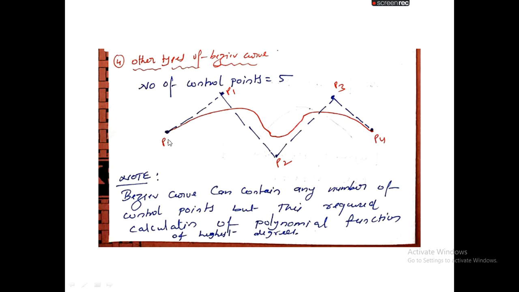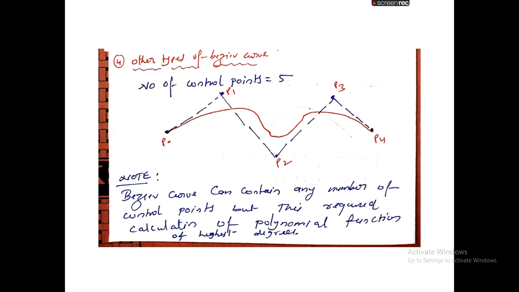And the tangents are P0 to P1, P1 to P2, P2 to P3, P3 to P4. These are the tangents. Now whatever curve you are creating, that curve has to pass between the two endpoints called P0 and P4.